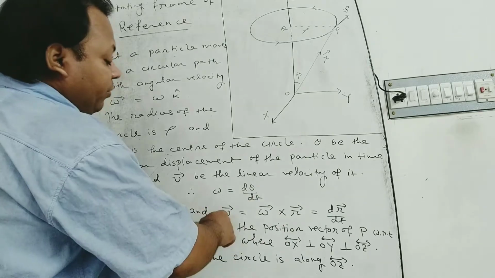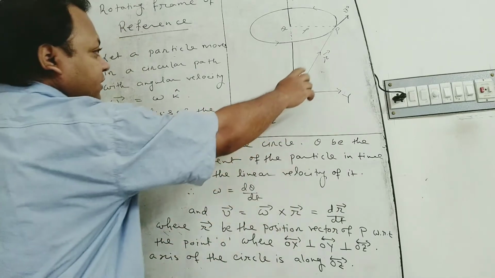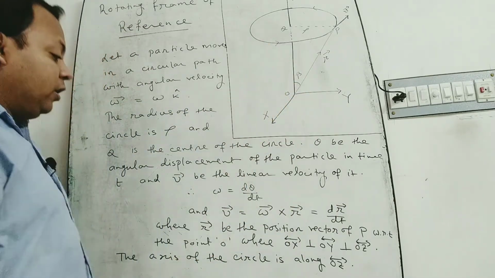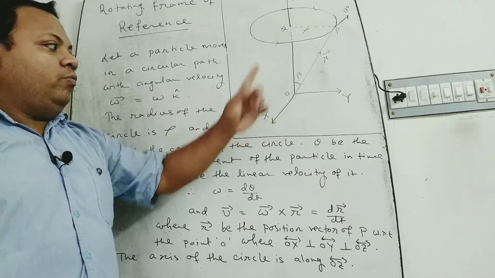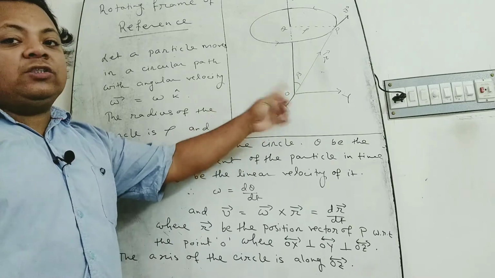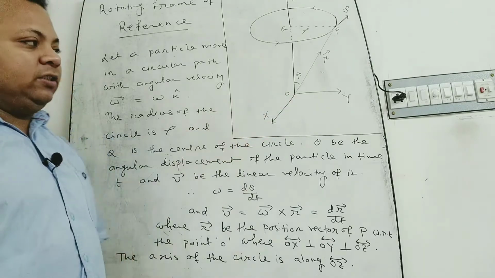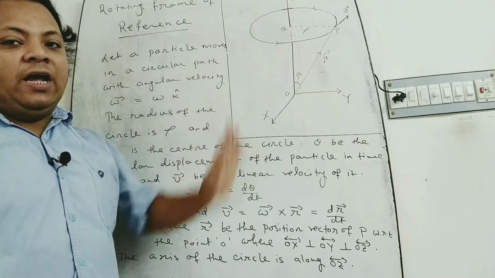We know that v vector is equal to dr vector dt. Here r is the position vector of P with respect to the point O, where O is the origin of the XYZ axes.